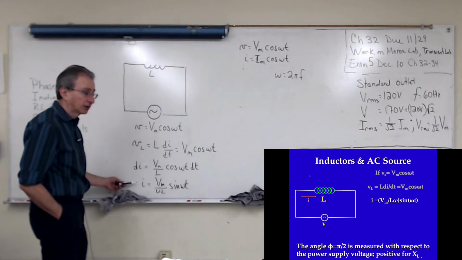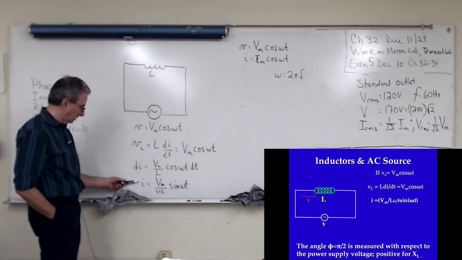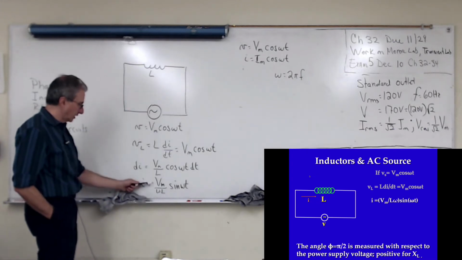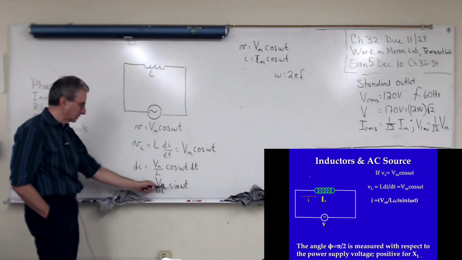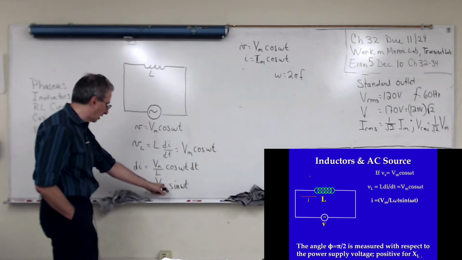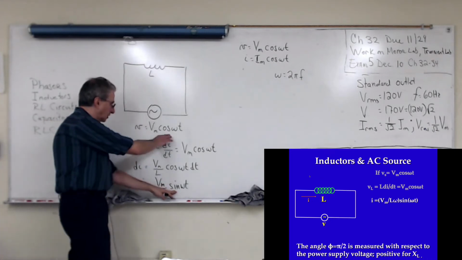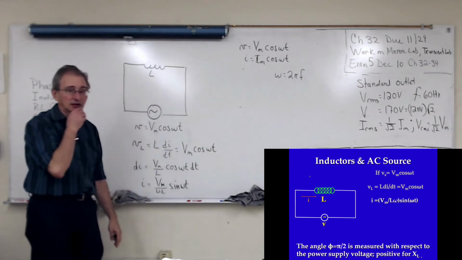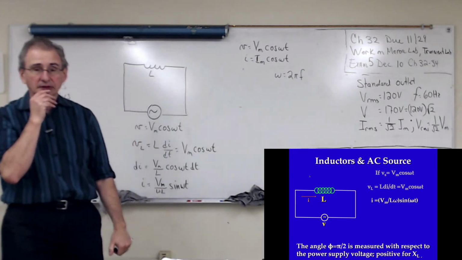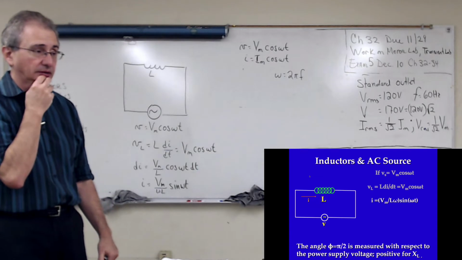So the current in this particular circuit is the power supply voltage divided by omega times the inductance, times sine of omega t. And you right away see that the voltage and the current are not in phase. They're 90 degrees out of phase. Okay?